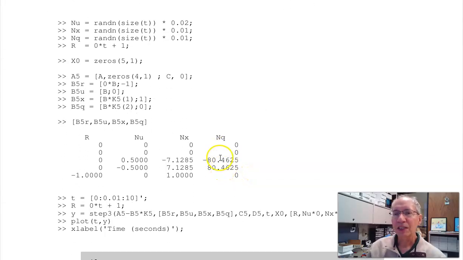If I try that to see how it behaves, here is the noise on the input, noise on position, noise on angle. Here's my set point, my initial condition, my ABCD matrix. Here's the augmented B matrix with respect to R, U, X, theta.